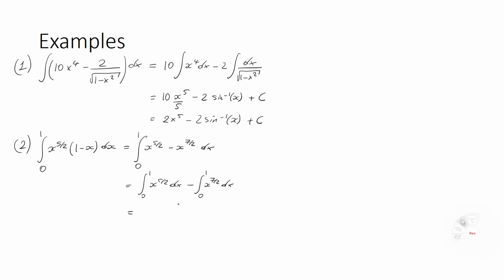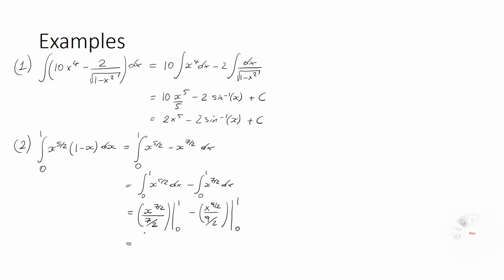And here we can use our rule that says that for x to a power, the integral is x to 1 plus that power, so 7 halves, divided by the new exponent, 7 halves, and then evaluate that from 1 to 0. And minus, same thing here, x to the 9 halves divided by 9 over 2, evaluate that from 1 to 0.